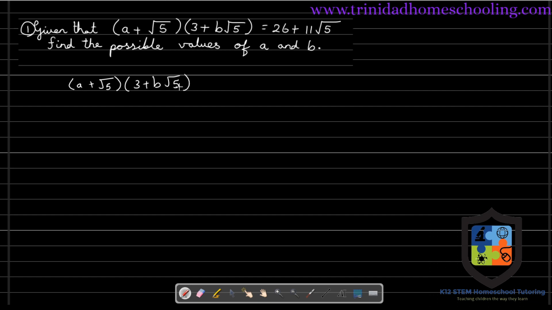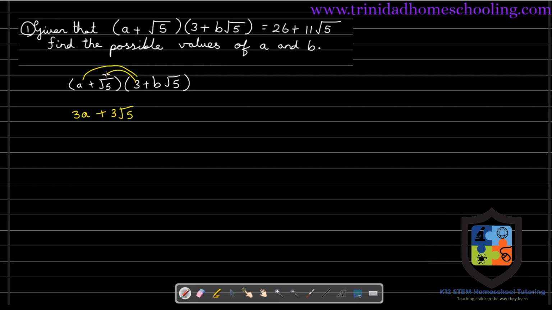Expanding, a multiplied by 3 gives me 3a, plus the root of 5 multiplied by 3 gives me plus 3 multiplied by the root of 5.